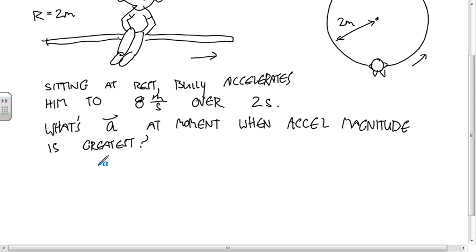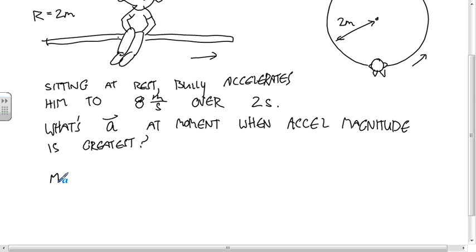So the moment that we're looking for is, you can think of it as the instant before he reaches that maximum speed, when he still has that same speed. So we're going to use that speed of 8 meters per second for the centripetal acceleration to find the maximum total acceleration. Any questions about that?